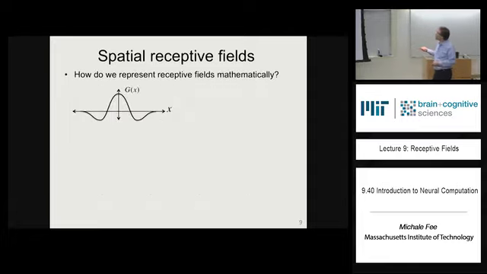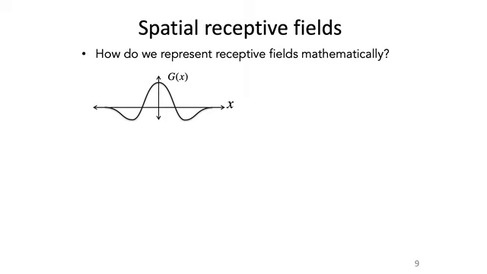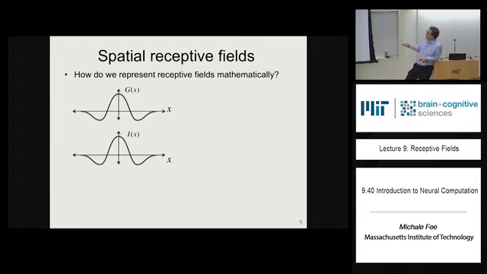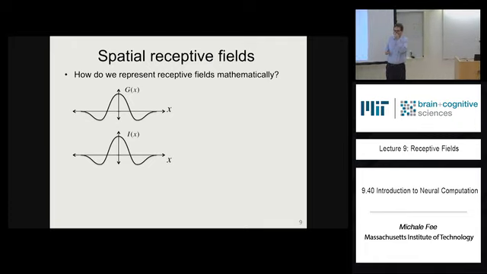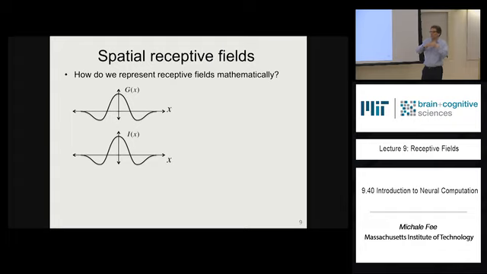Okay, so let's walk through what that looks like. So here's G of x, the receptive field. Let's say that's our intensity profile. Okay, so we're going to have a bright spot of light surrounded by darker side lobes. The way to think about this is, in visual neuroscience experiments, usually the background is kind of gray, okay? And you'll have bright spots, like here, and dark spots, like there, and the rest will just be gray, okay?